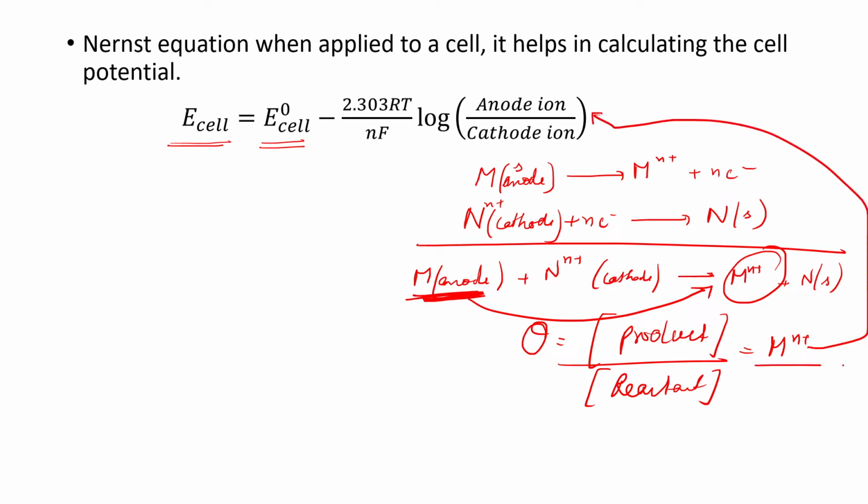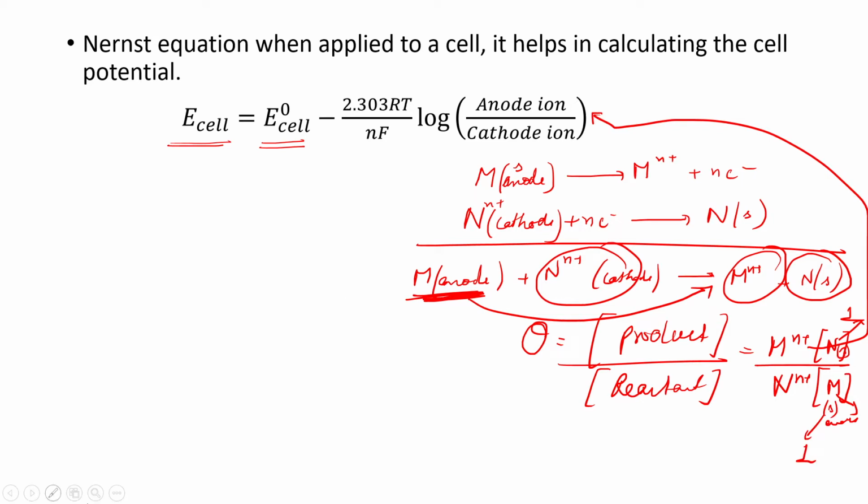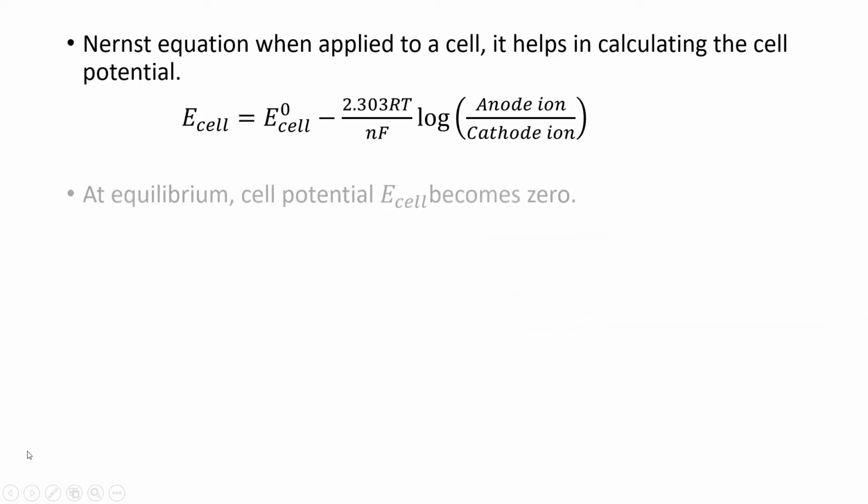And if you consider the reactant over here, we have N n+ ions. The rest, that is the N solid concentration, will be taken as 1 because they are in solid state. M anode in solid state, its concentration will also be taken as 1. That's why it is written in this form, so it could be simplified as this.